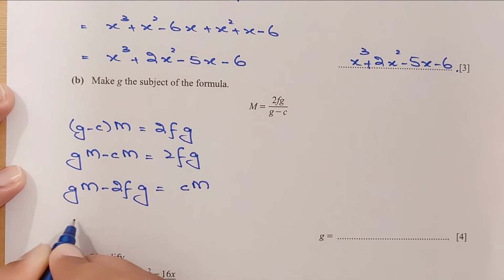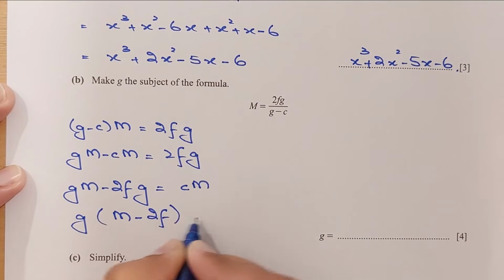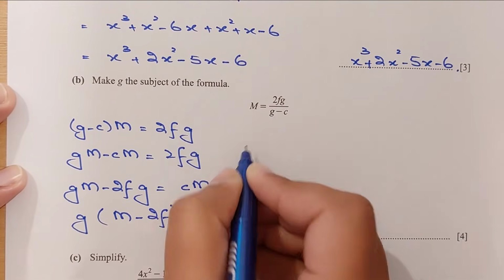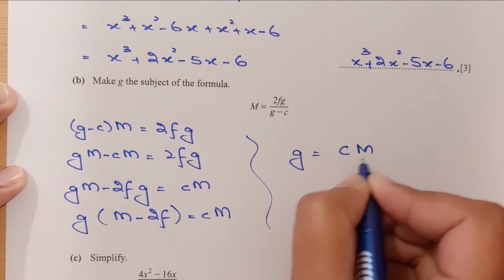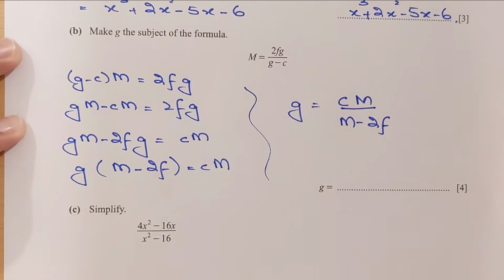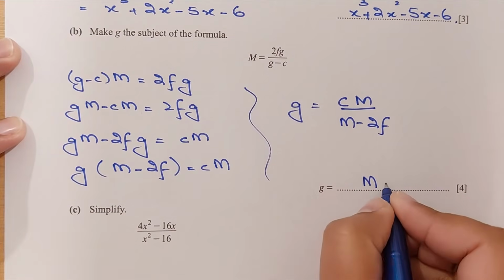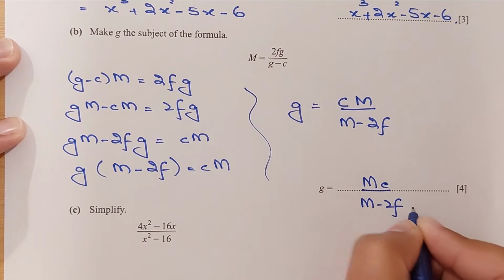Now take G common. G times M minus 2F equals CM. Now here we have G is CM divided by M minus 2F, right? So G is capital M and small c divided by M minus 2F.